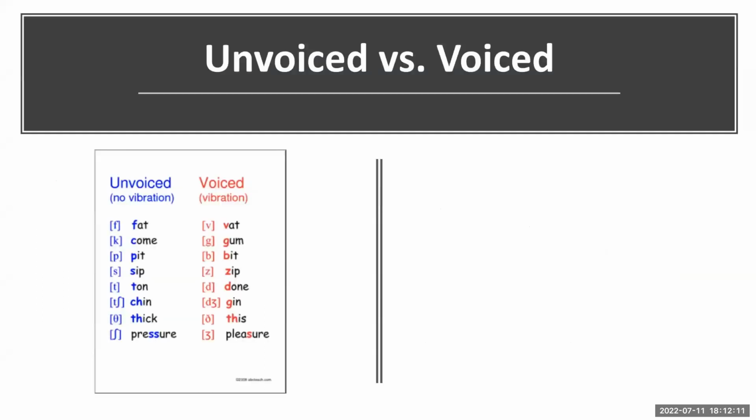Some of these sounds are voiced and some are unvoiced, which means that if you touch your throat when you're talking, with some sounds you can hear the vibration. So go ahead and put your hand on your throat. And you can see if you say fat, there's no vibration.